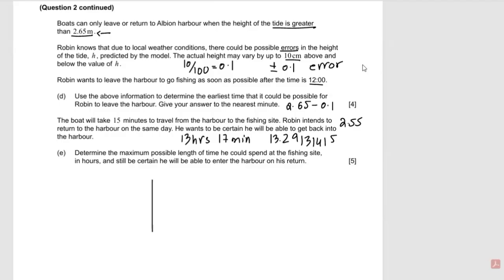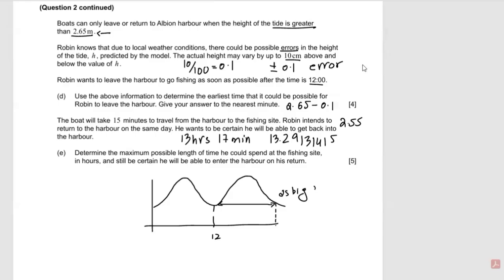Now, take a look at this. I'm just going to show you on the diagram what's going on. He starts over here after 12, and there is some limit going on as well. Now he wants to spend as much time as possible. So the ending time should be as big as possible, because that's the error thing, and this should be as small as possible, right?